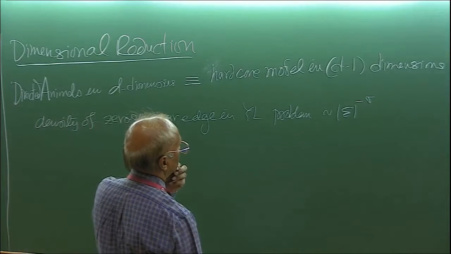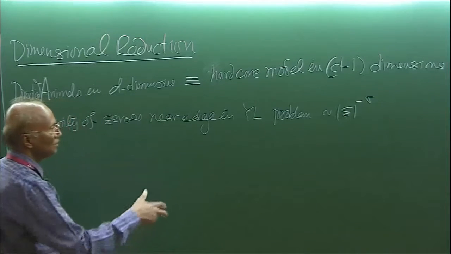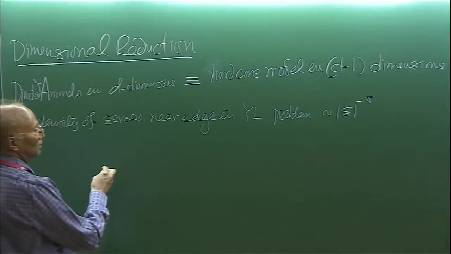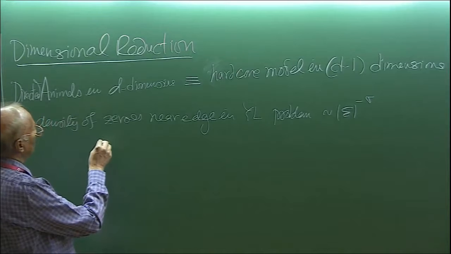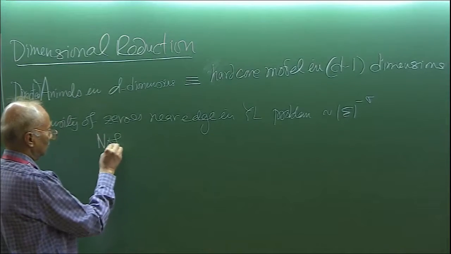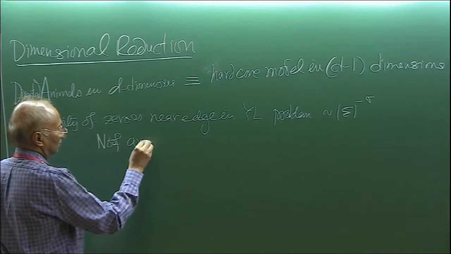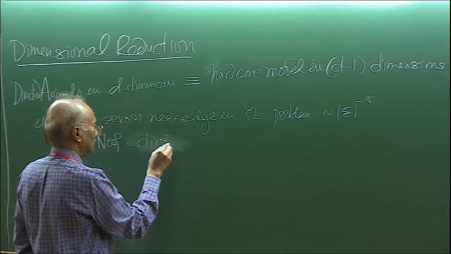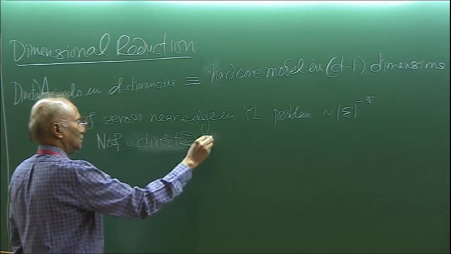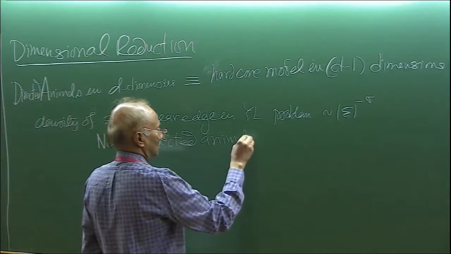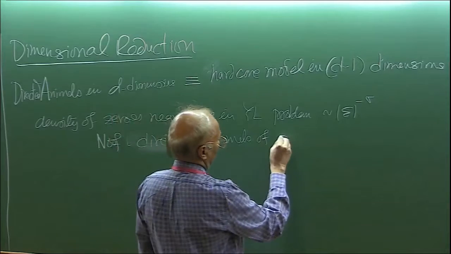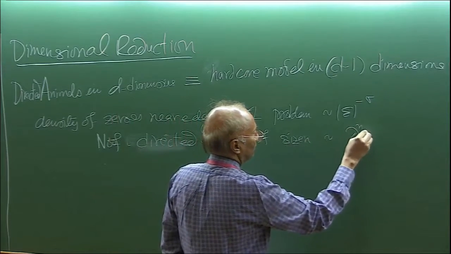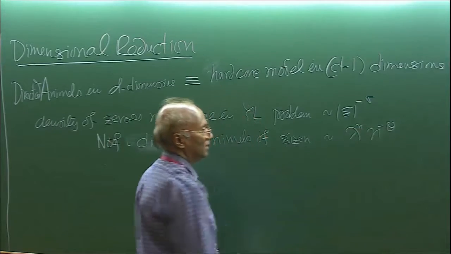It's okay, it's a definition, maybe it doesn't agree with all the definitions given in other places. And in the other problem, the number of directed animals of size n goes like lambda to the power n, n to the power minus theta.